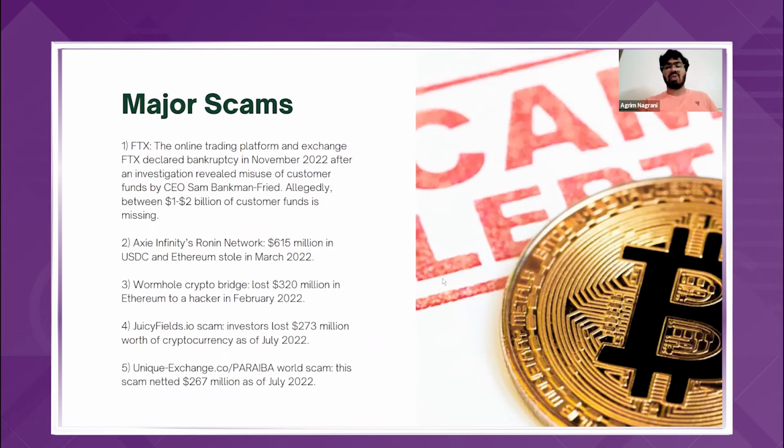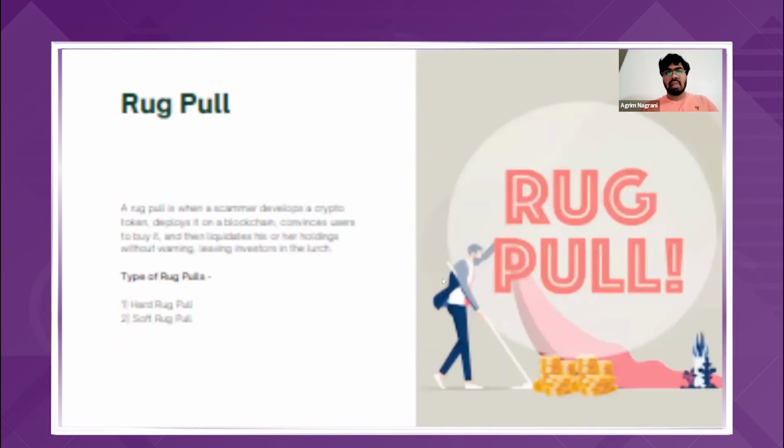It's a whole different story. We should make sure that when we are investing our hard-earned money in the crypto space, we do proper due diligence before investing a single penny in the cryptocurrency space.